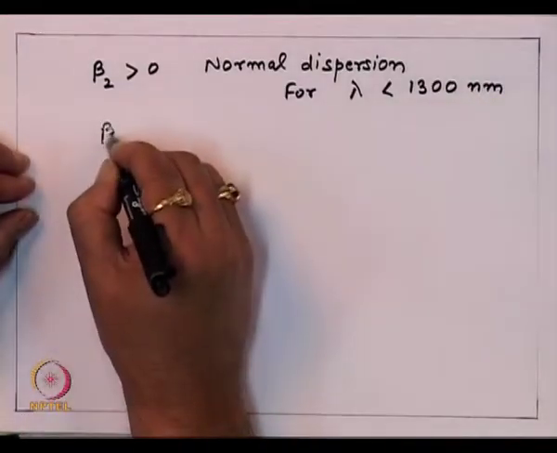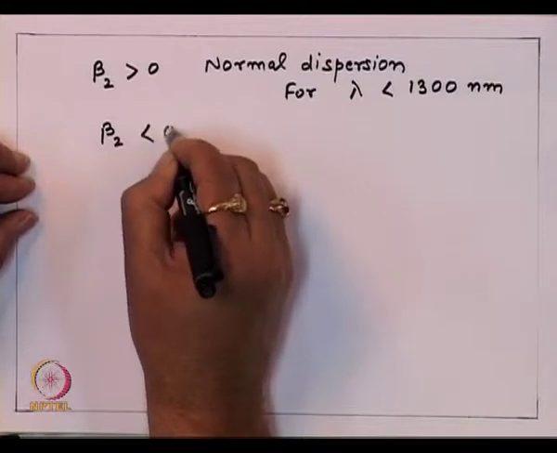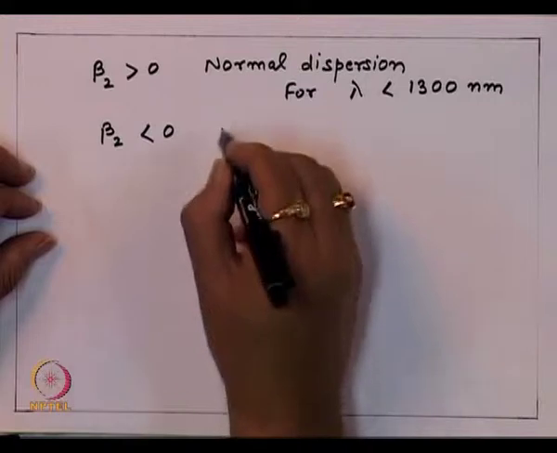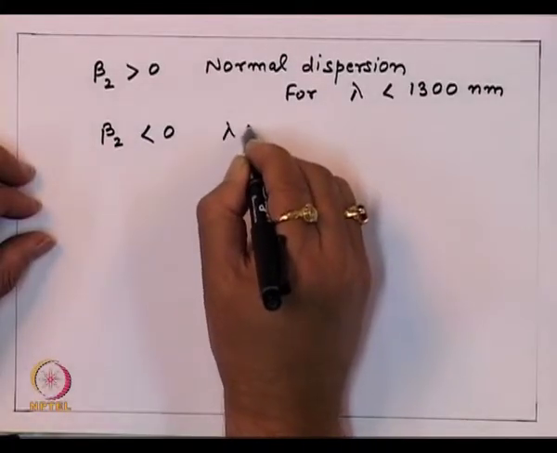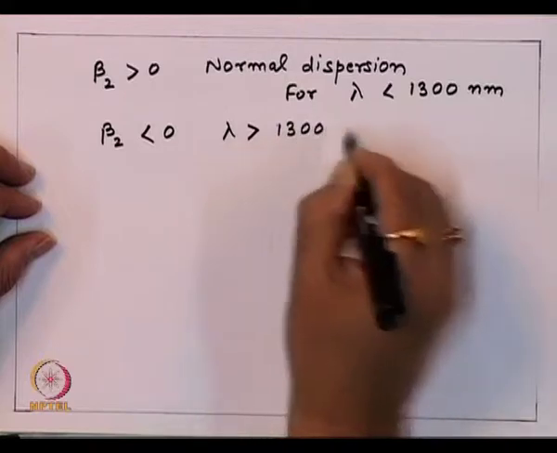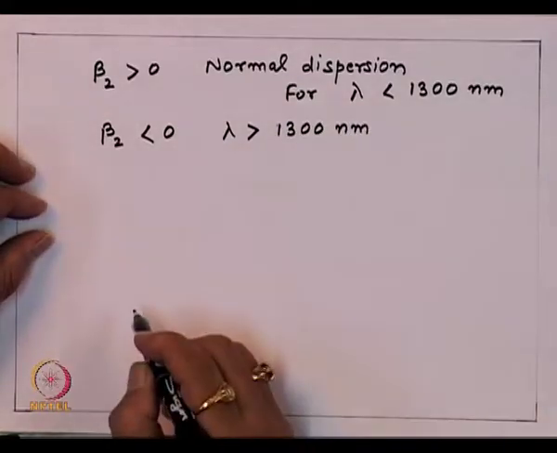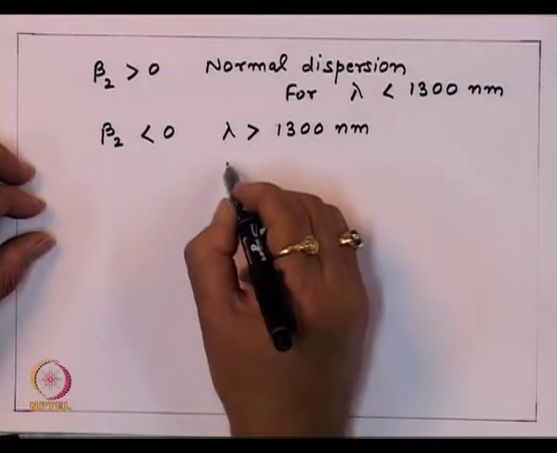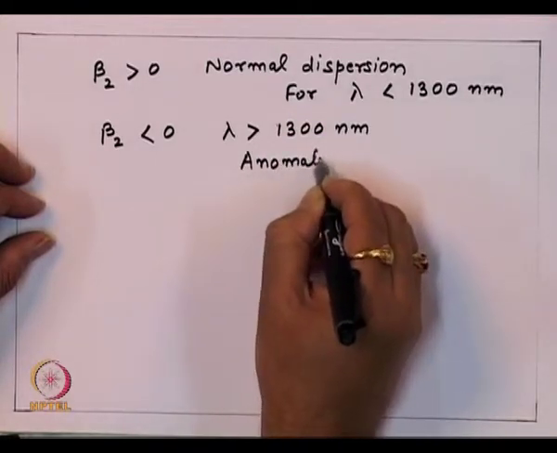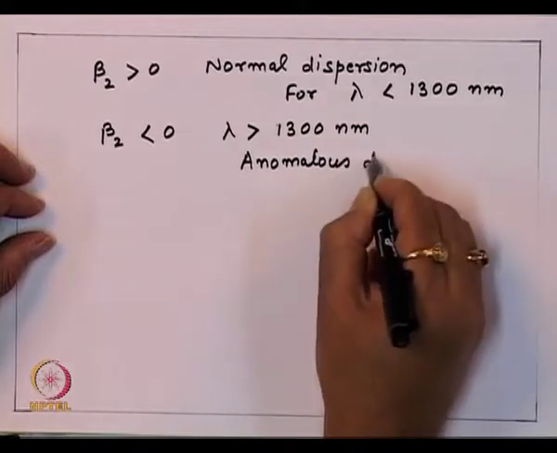The beta 2 becomes less than 0, or negative, for lambda greater than about 1300 nanometer, and this regime is what is called the anomalous dispersion.